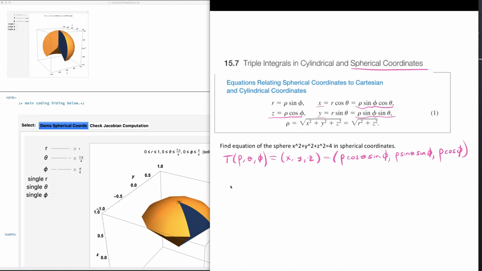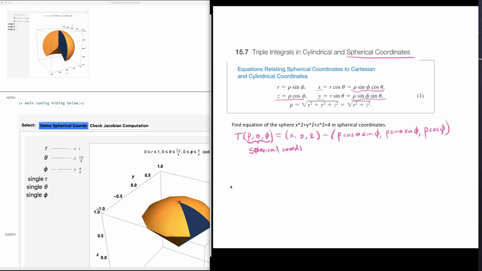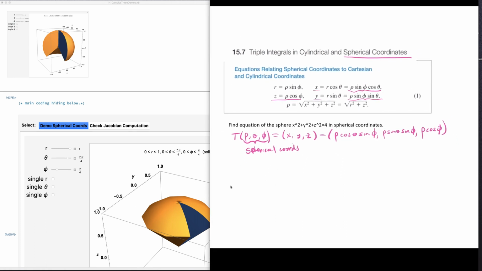Okay, we'll need to talk about the meaning of these spherical coordinates and what their interpretation is, but I thought I would first start with trying just to give you an idea about why these are called spherical coordinates in the first place. So if we consider the equation of a sphere, x squared plus y squared plus z squared is equal to 4 is the equation of a sphere of radius 2.